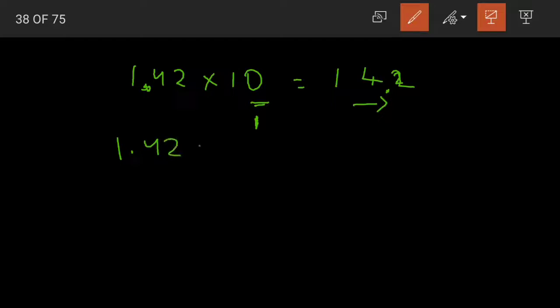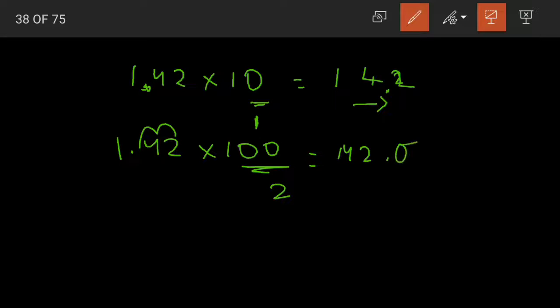Suppose if we multiply the same number by 100, 100 is having two zeros. So the decimal point will shift two places to the right. 142 point. After 142 here we are having nothing. Yes, children. So 142 point you can write 0 or simply you can leave.